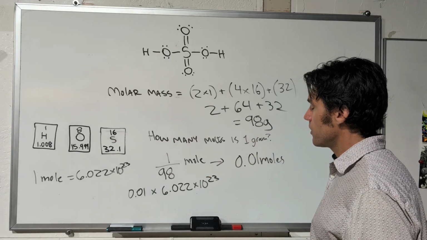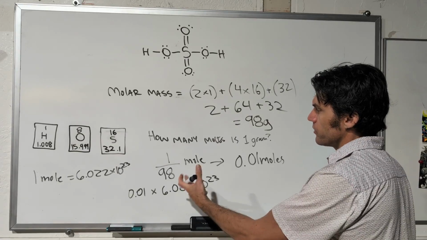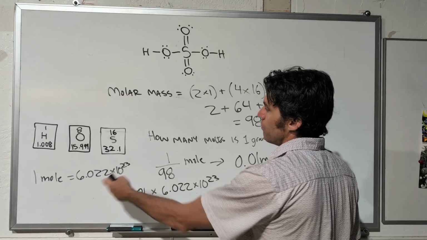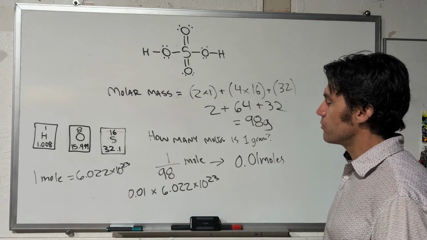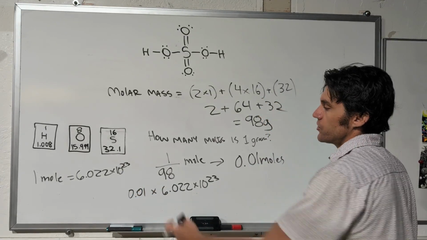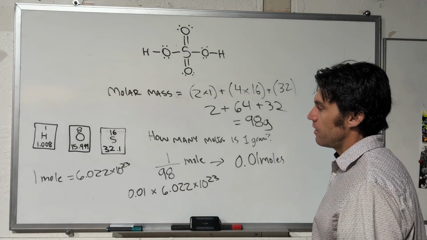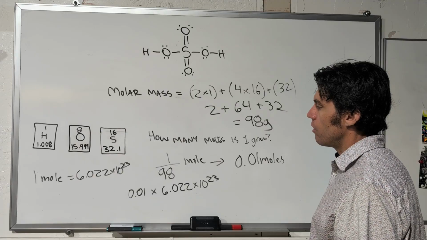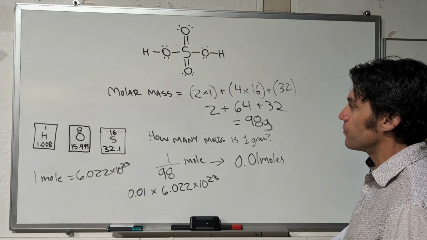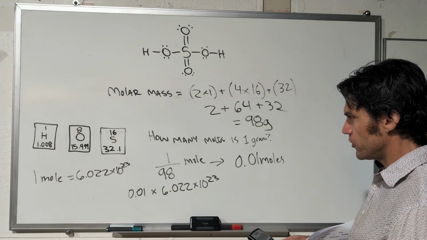Because we have 1/98 of a mole, and if 1 mole is 6.022 times 10 to the 23, then we have this divided by 98, which is the same thing as doing times the decimal format, which is 0.01. Okay, so sorry, I'm getting tired. I'm running out of analogies, guys. But let's do this math.